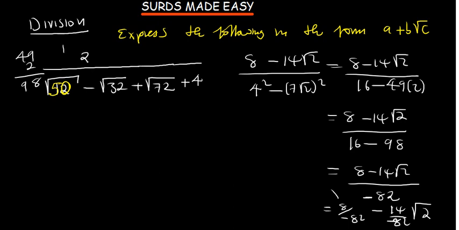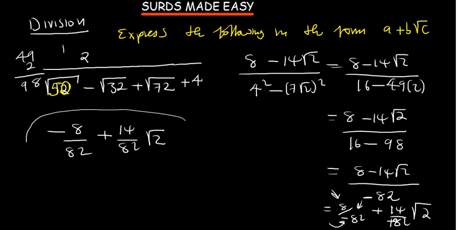Which can go into 8 and into 82? So basically, instead of me having this negative down here, that would be negative 8 over 82. This negative here and this negative gives us a positive, so it will be positive 14 over 82, and then square root of 2.